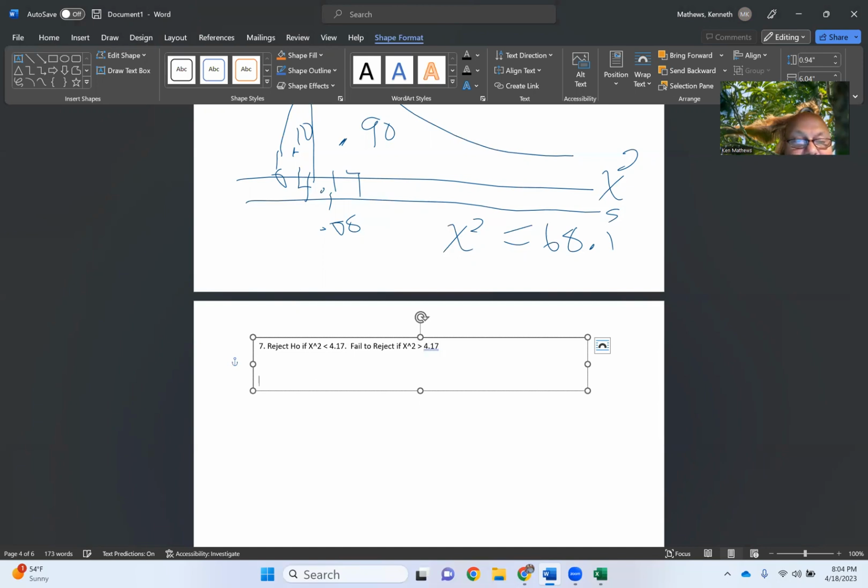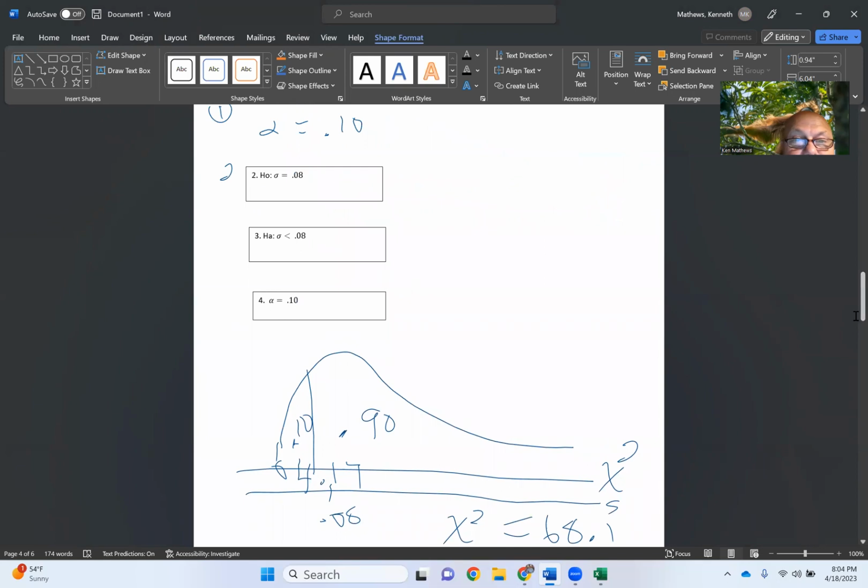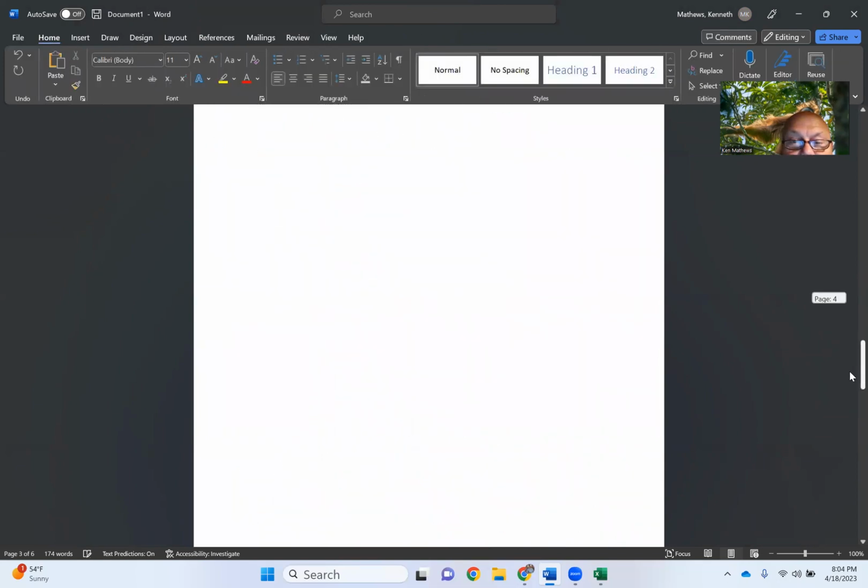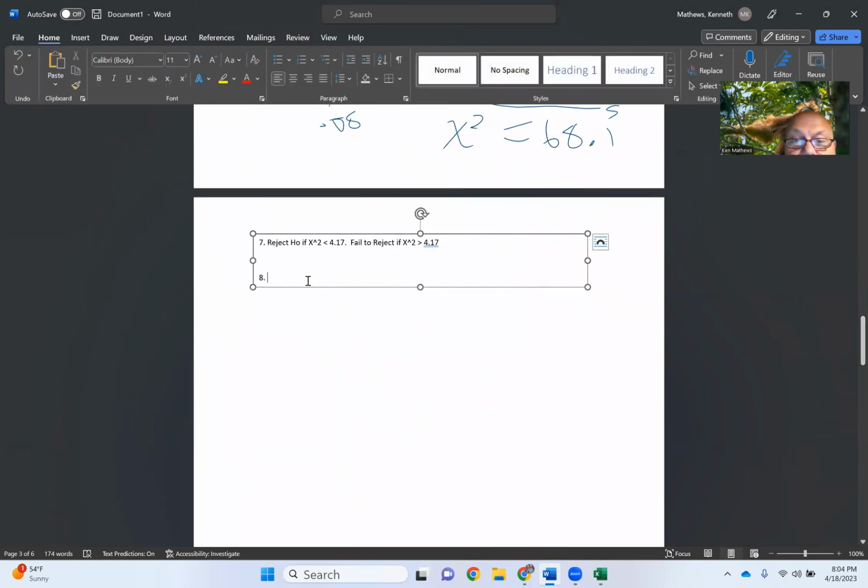All right, I'm going to stay in the same text box and do step 8. What do we know? The chi-square, I feel guilty. Let me insert it.